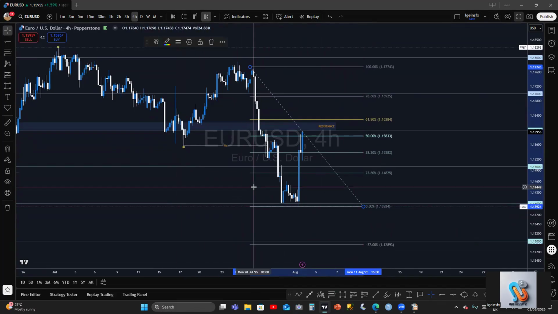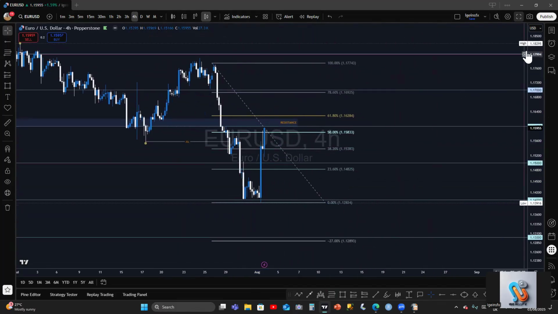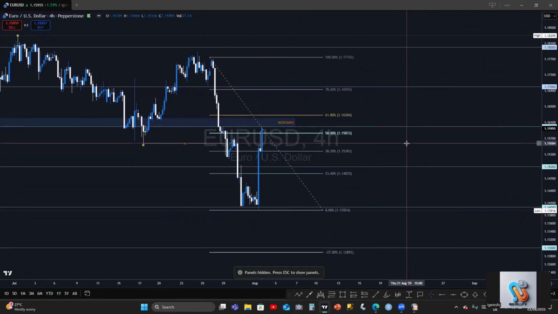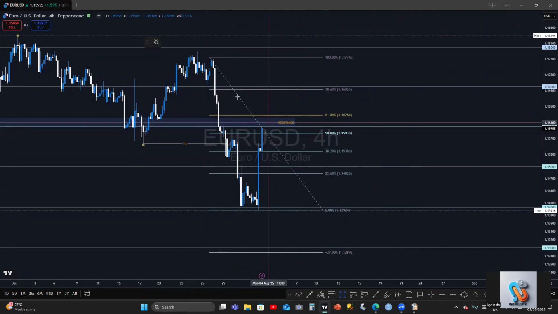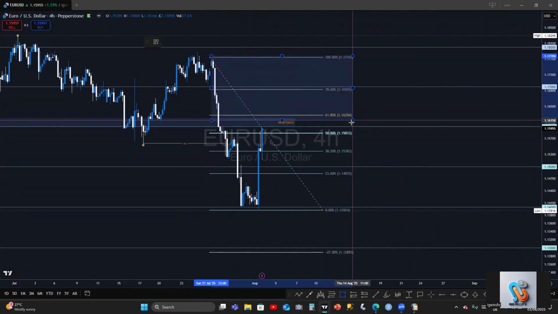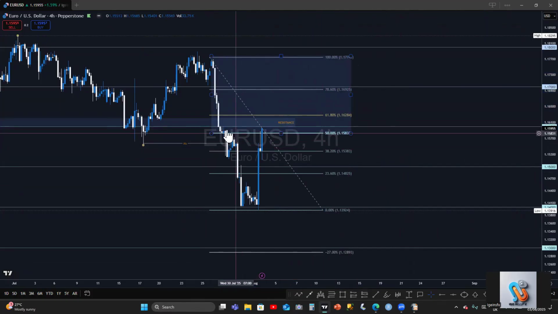So we are now waiting because price has already traded into our premium level. From 50% to 100% is our premium level. Price has already traded into it.